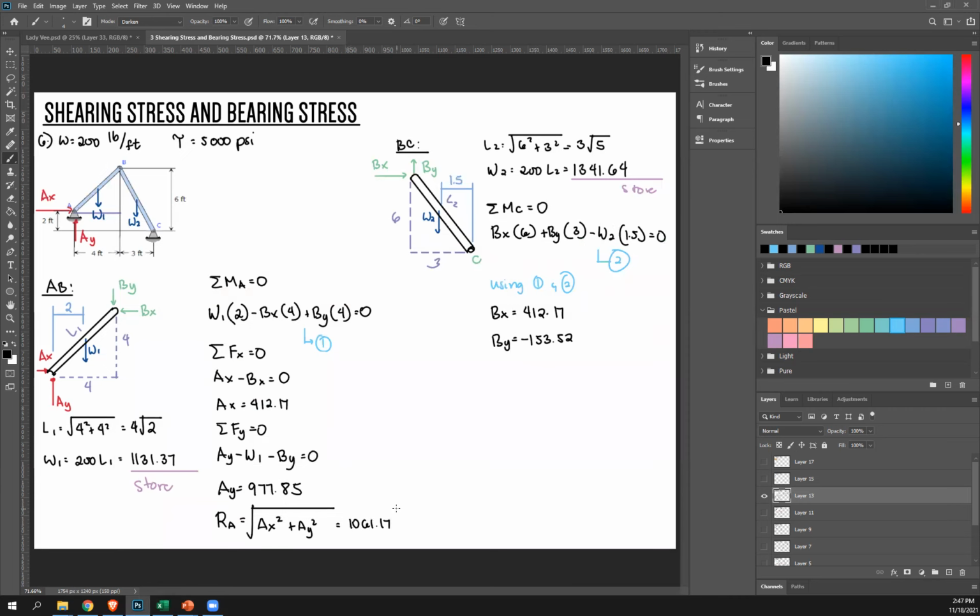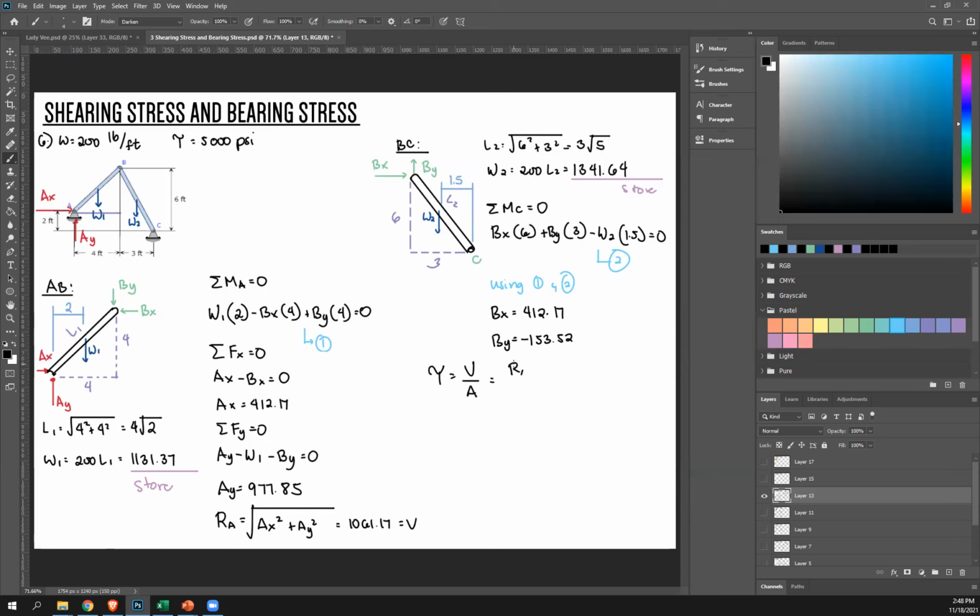Okay, correct. Now that I have RA, I can use my stress. So stress equals V over A. And remember, that reaction is equal in magnitude to the shear force.